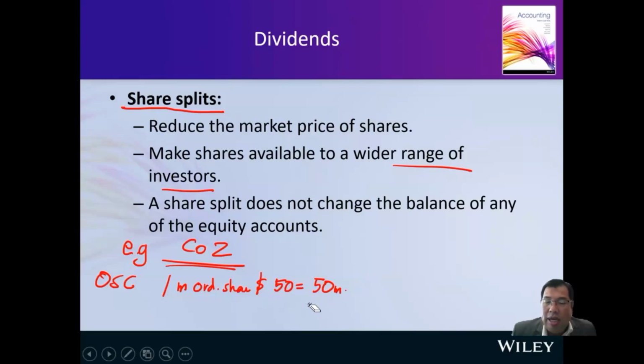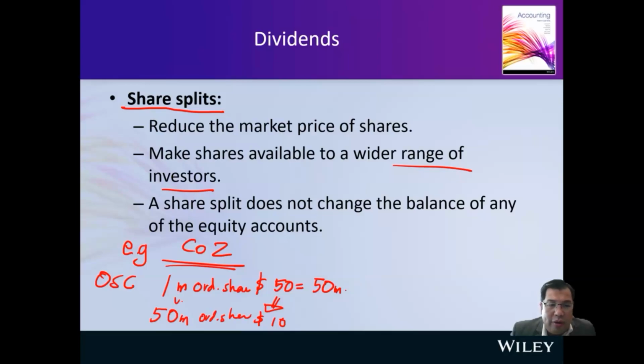So the company can split the share. For example, they break each share into 5 shares. So now it becomes $10 per share. Because they split the share into 5 units, the number of shares will increase to 5 million ordinary shares.